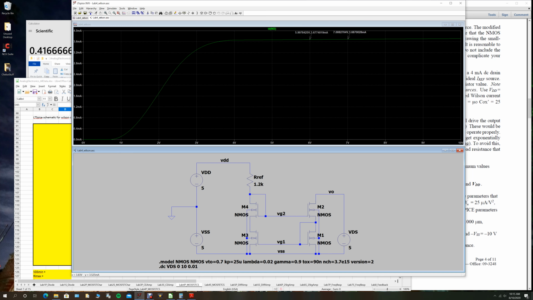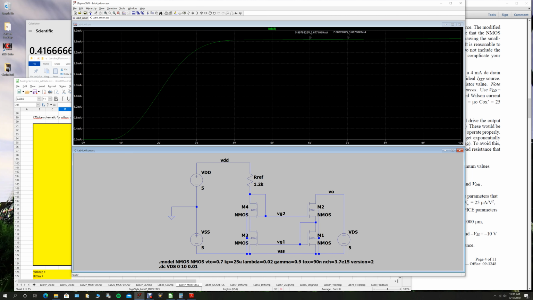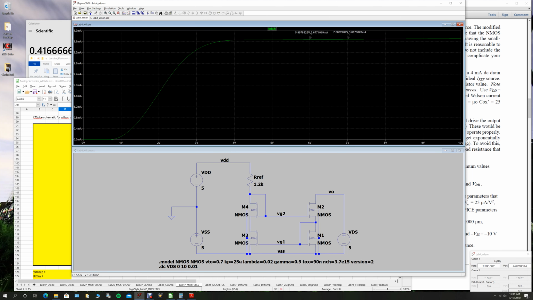And it's kind of hard to tell where the cutoff is between triode and saturation, but it's probably somewhere around here is where it looks like it takes a dive. So about 4 volts VDS, which corresponds to a V out of minus 1 volt.